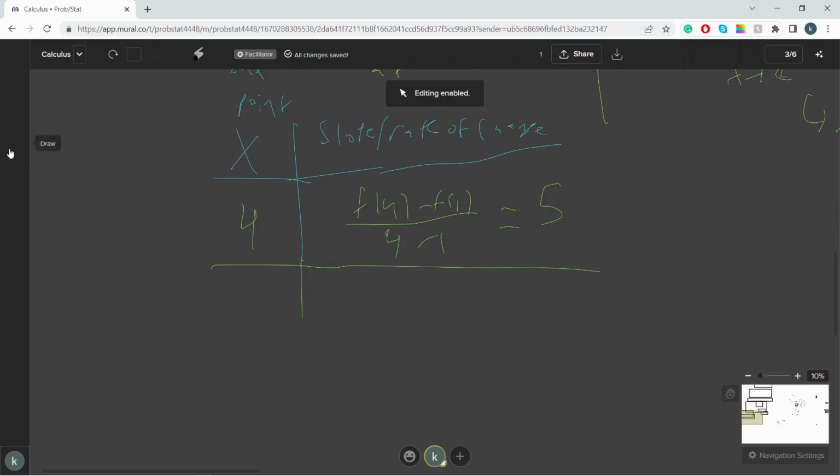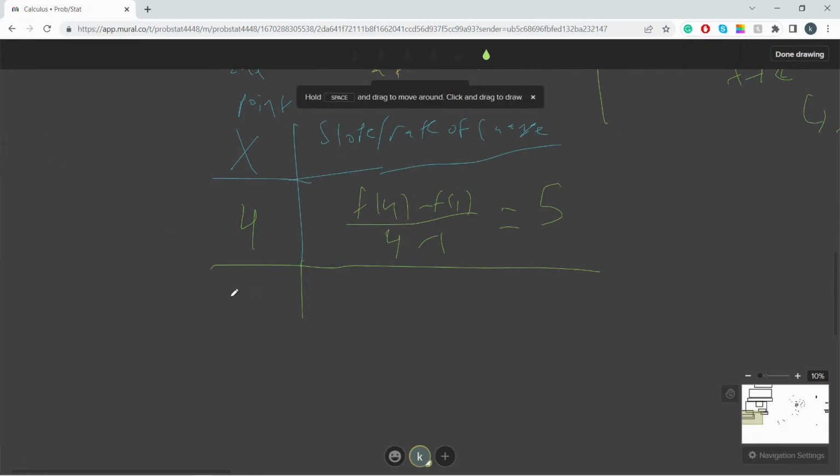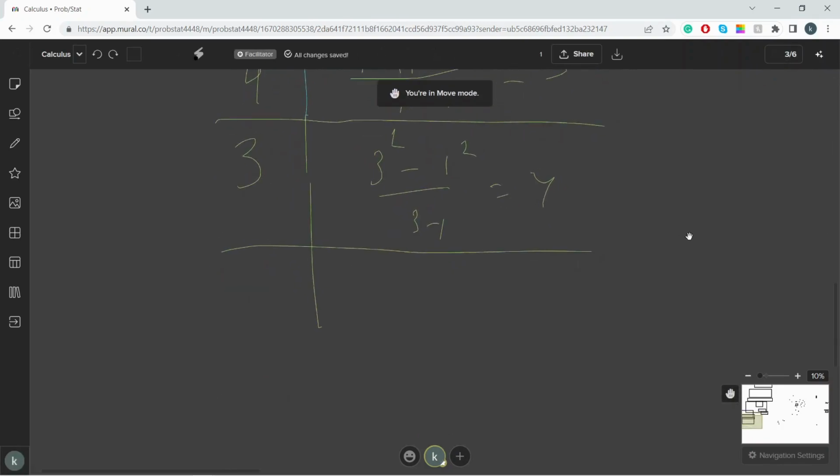So the next value we can try is x equals 3 as our second point. This would be 3 squared minus 1 squared over 3 minus 1. Remember what the original function is: f of x equals x squared. So this will be 4. And then we're going to keep adding more x values and find the value of these slopes.